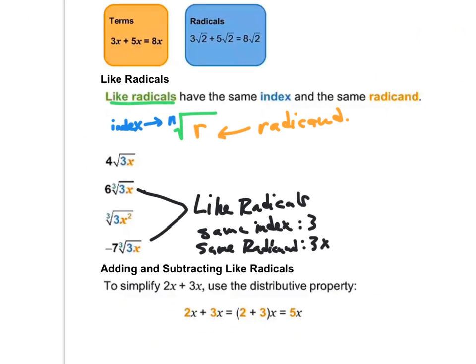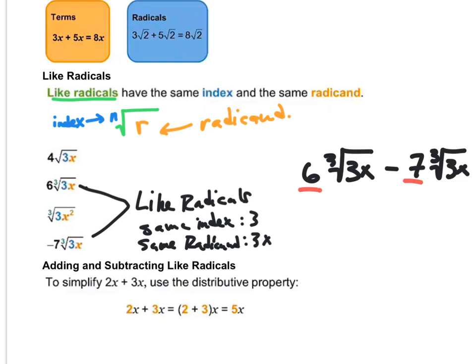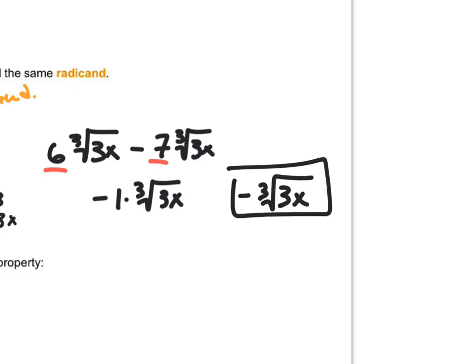Then, if I were to take 6 times the cube root of 3x minus 7 times the cube root of 3x, I would simply take 6 minus 7, which gives us negative 1. So it would give us negative 1 times the cube root of 3x. You don't need to always put that negative 1 in there. You can just rewrite it as a negative cube root of 3x. And that's how you'd add them together, just like you would if they were ordinary variables.